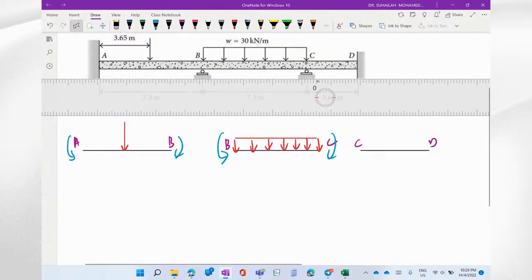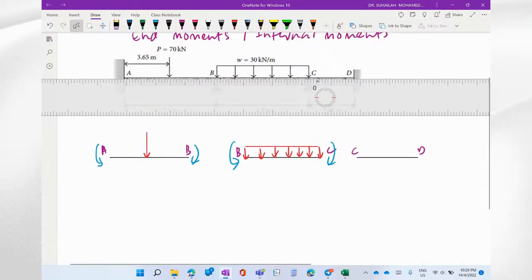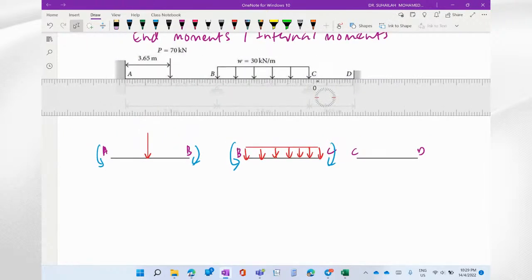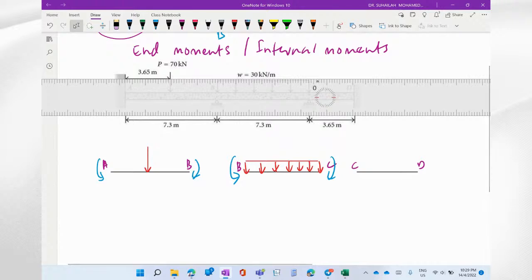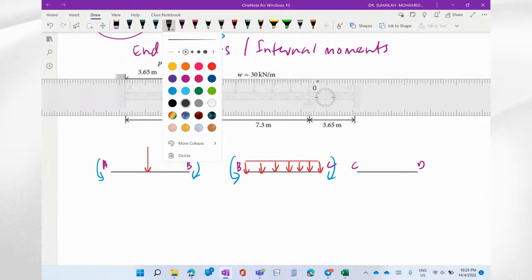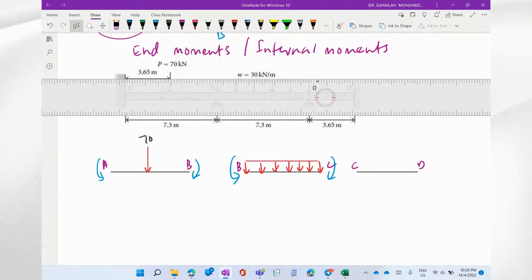It will be like this. So this is 70, and 3.65, 7.3 is at the center.